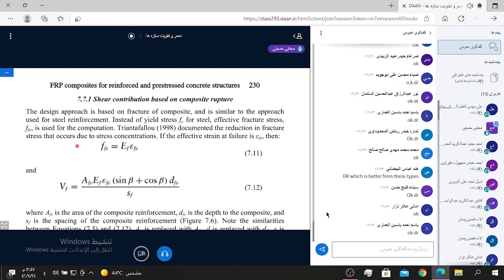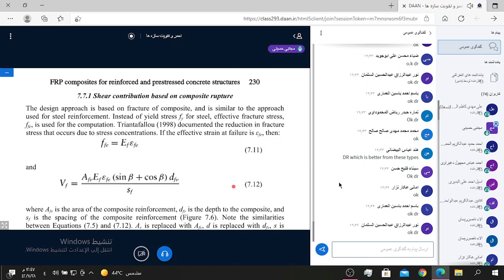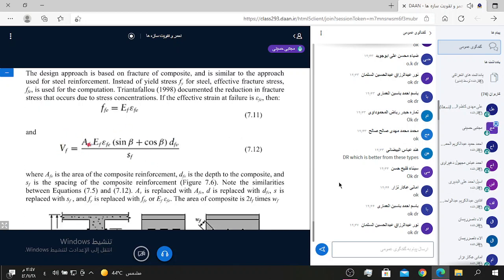Okay, and this accounts for the reduction in fracture stress that occurs due to stress concentration. If effective strain at failure is epsilon, we use this formula, okay, and you can compute the VF.